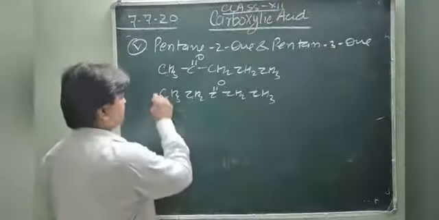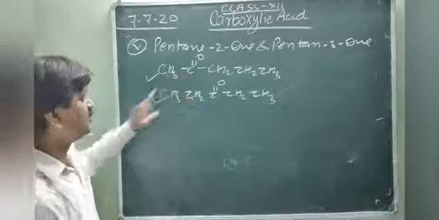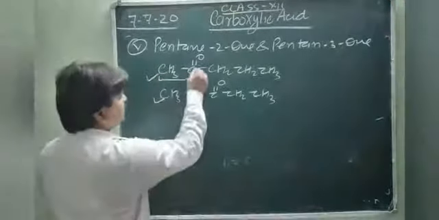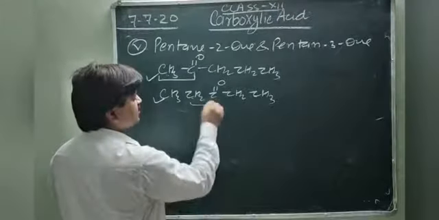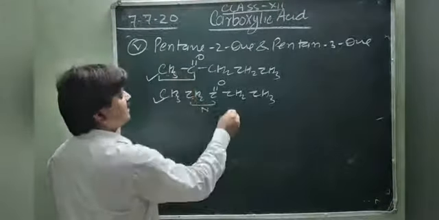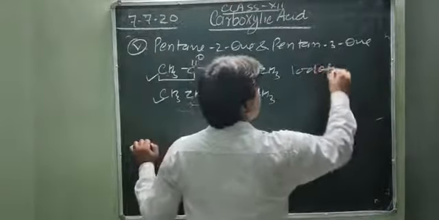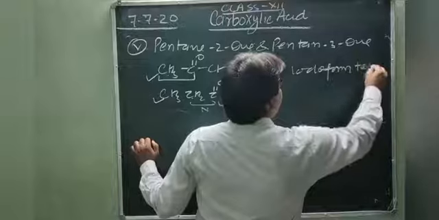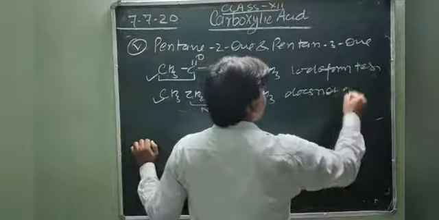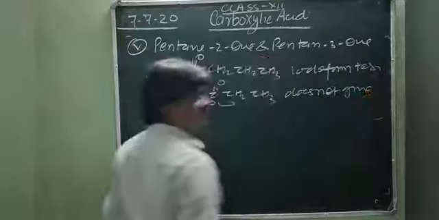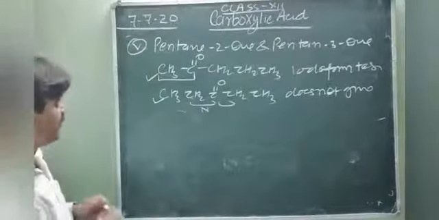So this is pentan-3-one, and that is pentan-2-one. In pentan-2-one you will see the COCH3 group, but in pentan-3-one there is no COCH3 group. It means pentan-2-one gives the iodoform test and pentan-3-one does not.